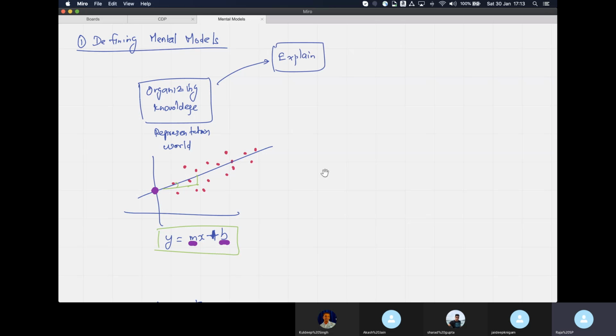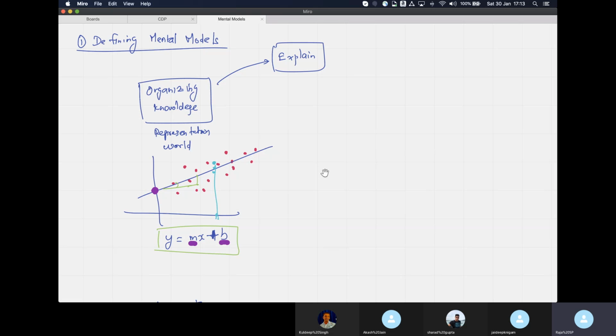Which means, suppose there are some points that I have missed, some value of X that I have missed. I can actually use this model to estimate it: this point in reality could be somewhere here, or maybe even closer to that line itself. So it helps me to explain my existing world, and it is also going to help me to explain or predict the future.